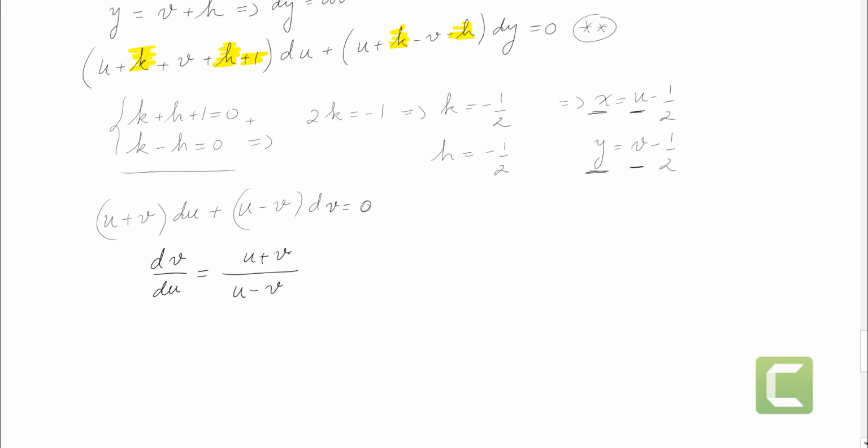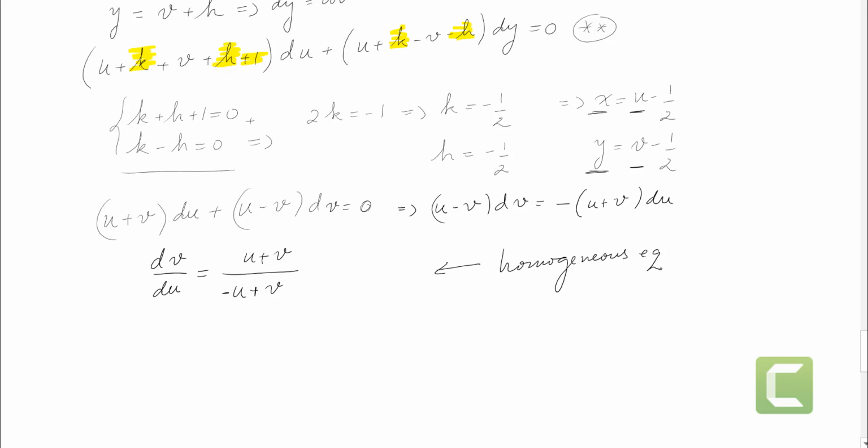But keep in mind, if I get (u − v) dv on one side, I'm going to get minus (u + v) du on the other side. So there is a minus, which I can put in front of the fraction, or I can write it at the denominator like this.